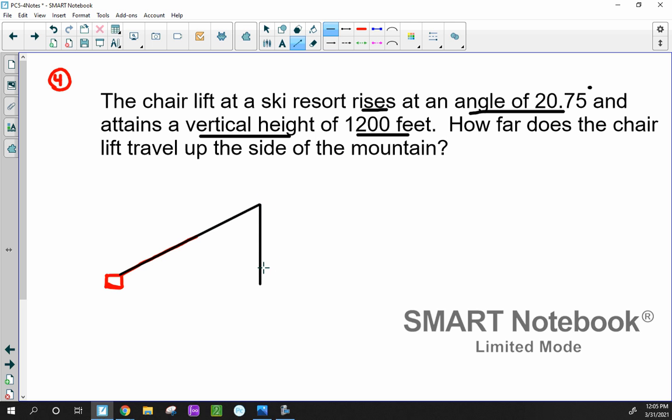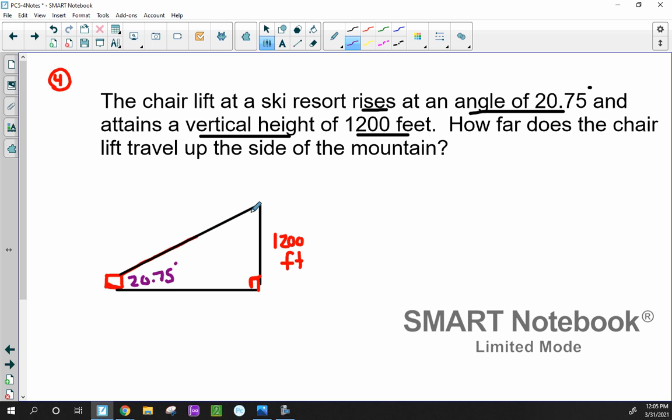It's attaining a vertical height of 1,200 feet. It's going to create a right triangle for us. Vertical height, so this is 1,200. Make sure you use your units. And the angle is rising 20.75, and so you want to make sure you put the angle in that position.